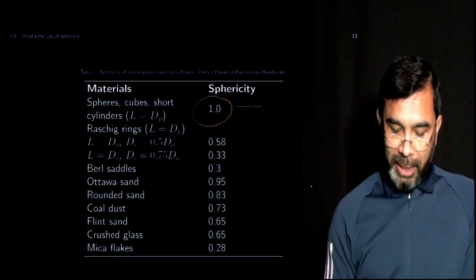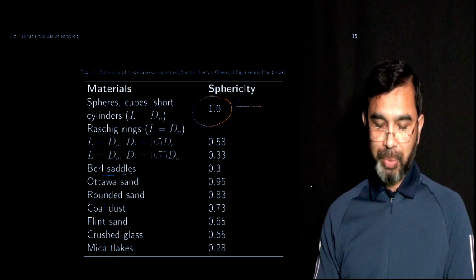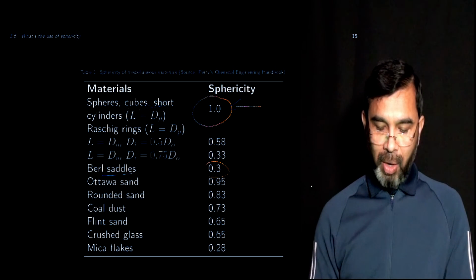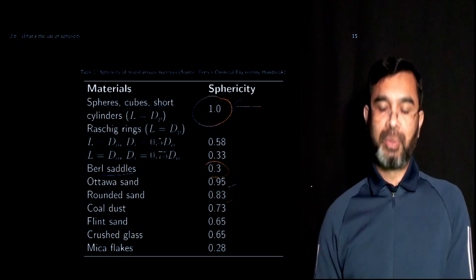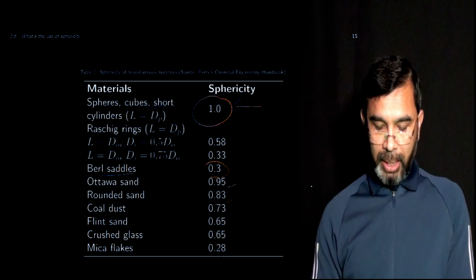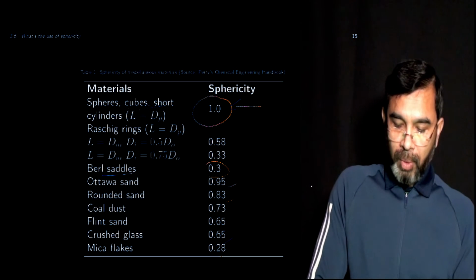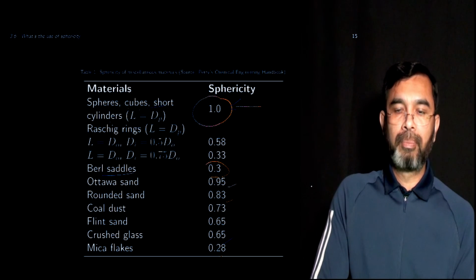For the Berl saddle, which is one of the fillings used in adsorption or distillation towers, the sphericity is around 0.3, Ottawa sand almost 1, rounded sand 0.83, mica flakes 0.28, and glass 0.65. You see here that all of these numbers are equal to or less than 1.